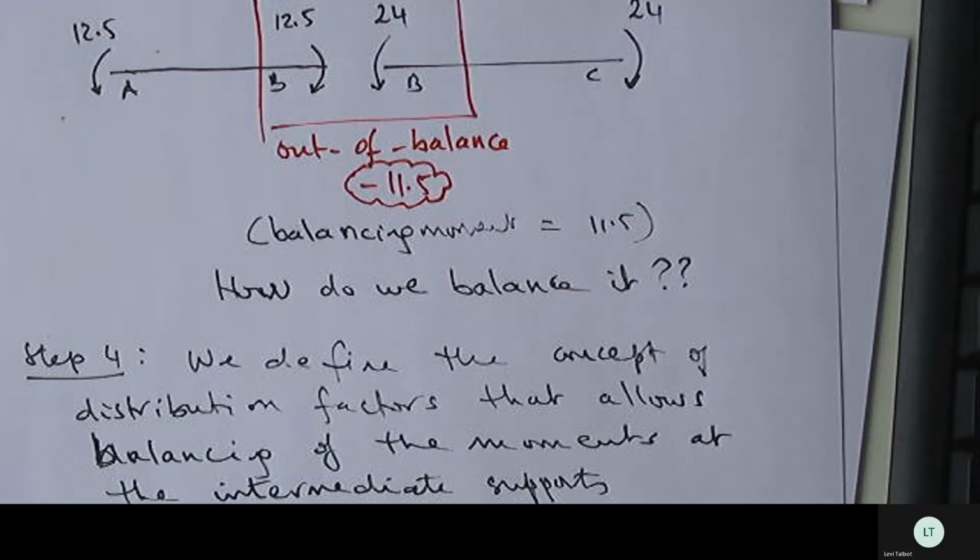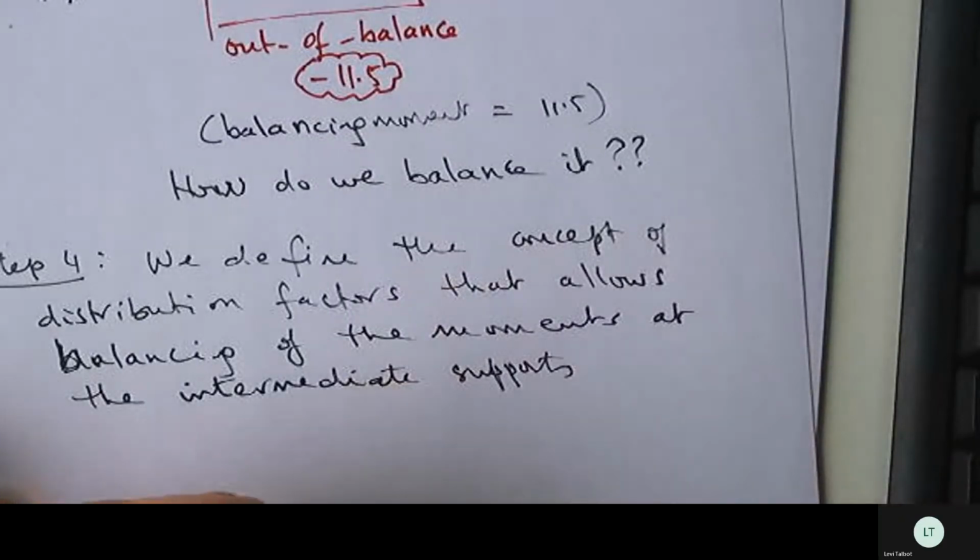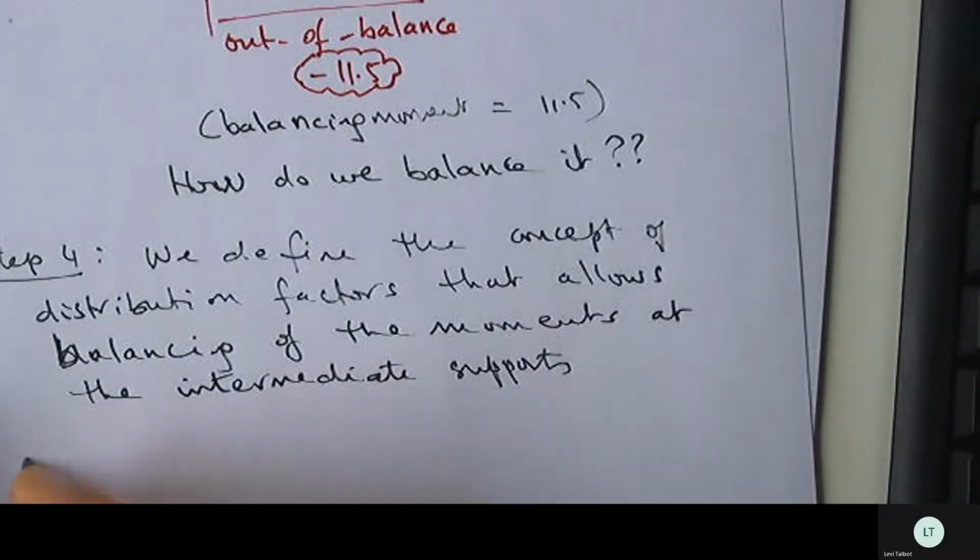And we define the distribution factors at a given joint. That's the definition here.